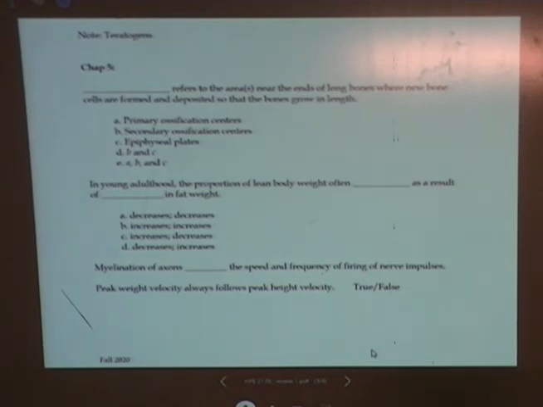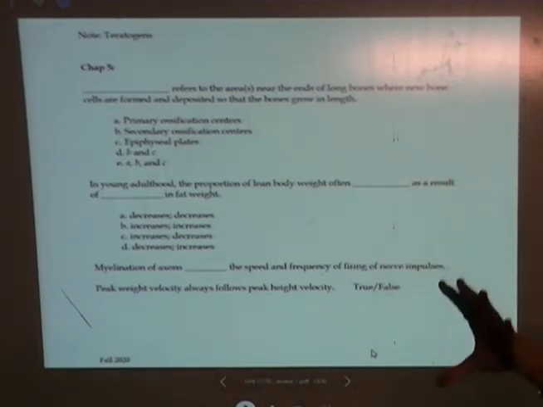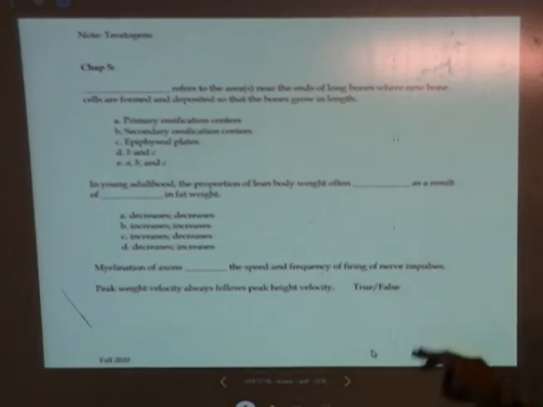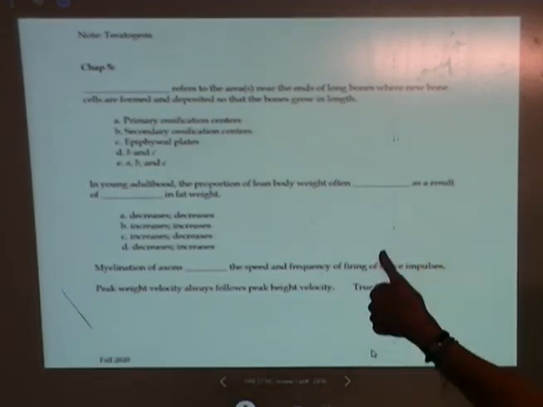Because we said that typically, doesn't have to happen, but typically what we see in young adulthood is an increase in fat mass. Because we start work, we start a family, it becomes harder and harder to stay physically active, right? So we're not saying that our muscle mass goes away, but we're saying that proportionally we put on fat mass and therefore lean body weight goes down and fat mass goes up. Very good.